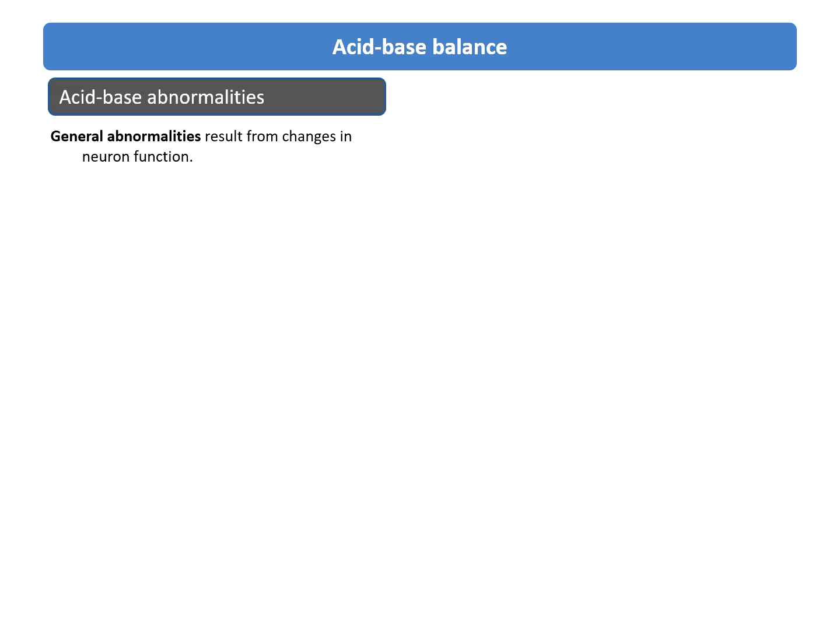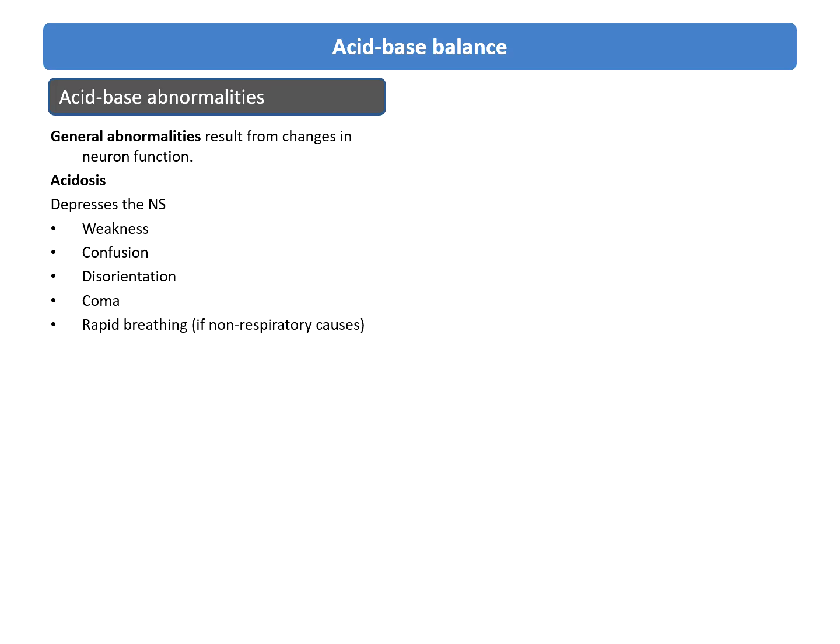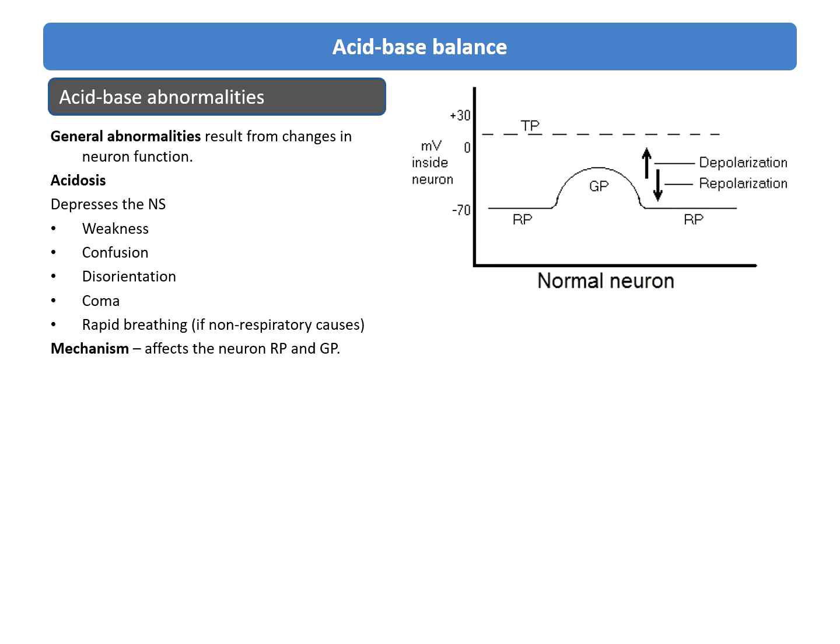General abnormalities result from changes in neuron function. Let's look at acidosis. It depresses the nervous system, leading to weakness, confusion, disorientation, coma, rapid breathing if it's a non-respiratory cause. The mechanism: it affects the neuron resting potential and graded potential. If excess hydrogen ions are produced, excess hydrogen ions diffuse into the cell from high to low concentration.